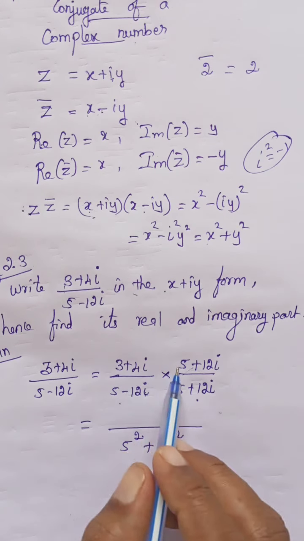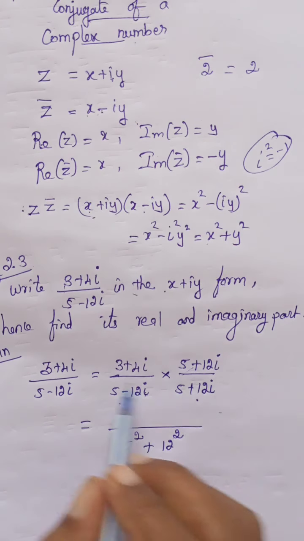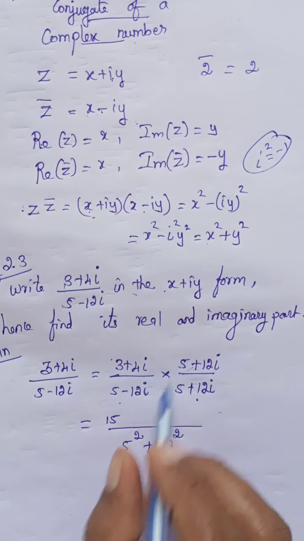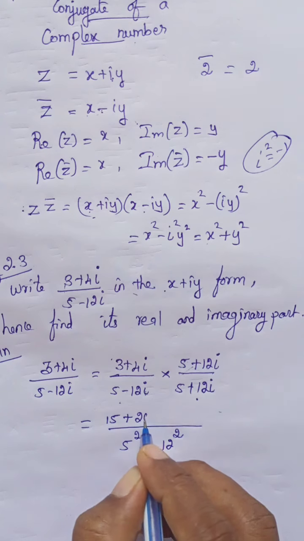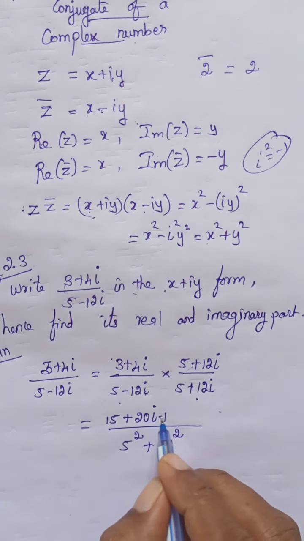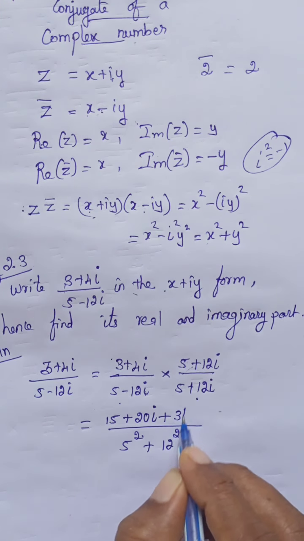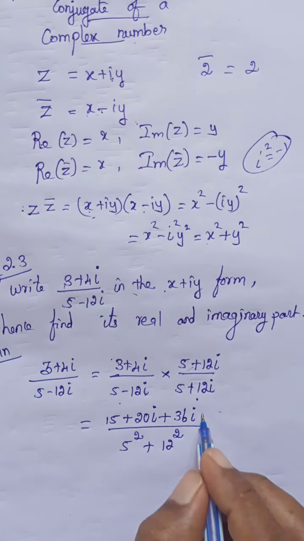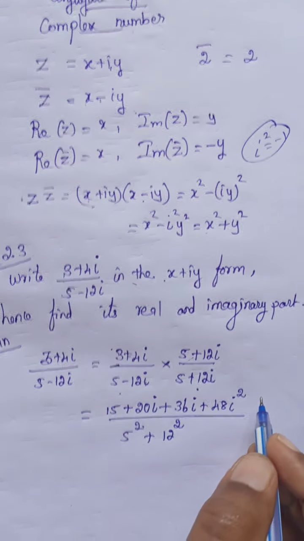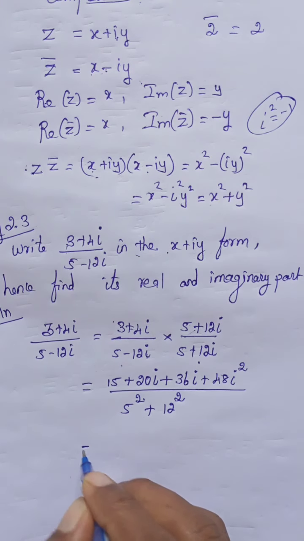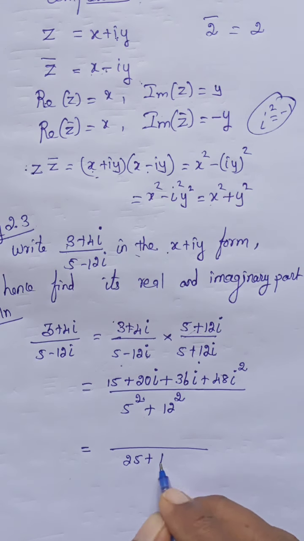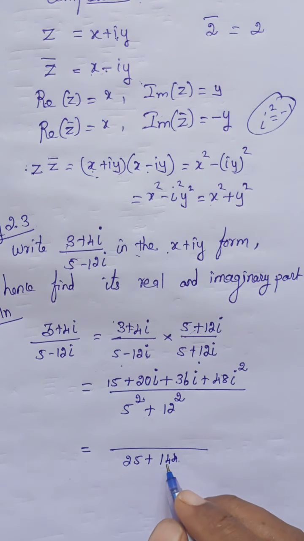Numerator also you can use the formula or else ordinary multiplication. 3 into 5, 15, plus 4i into 5, that is 4 into 5, 20, 20i. Now 3 into 12i, 3 into 12, 36i. Now plus 4 into 12, 48, i into i is i square. We know the value of i square is equal to minus 1. Here the denominator 5 square 25 plus 12 square 144.